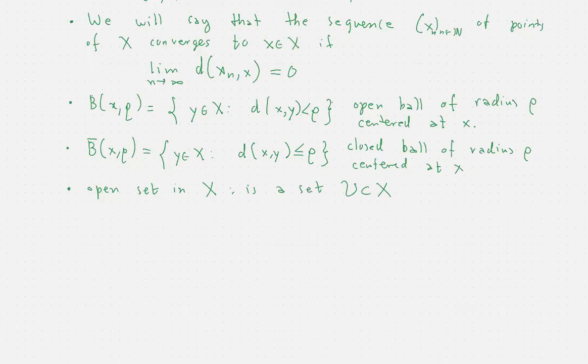So it is a set satisfying the following. If x is in U, there exists a rho greater than 0 so that the open ball centered at x with radius rho is a subset of U. So you have a little bit of space to move in all directions.